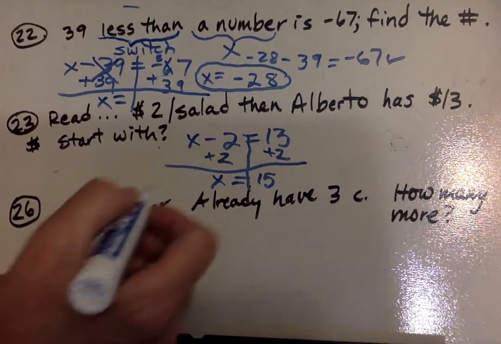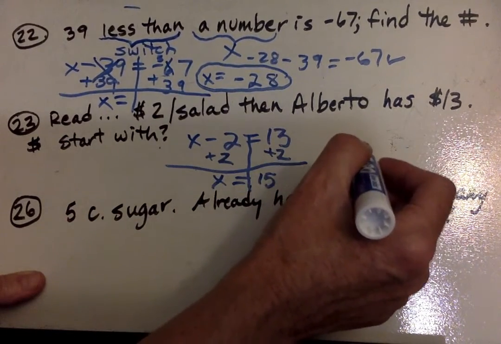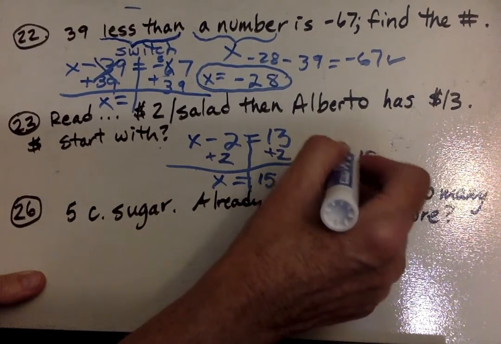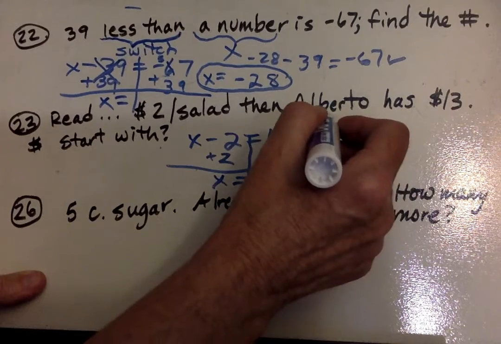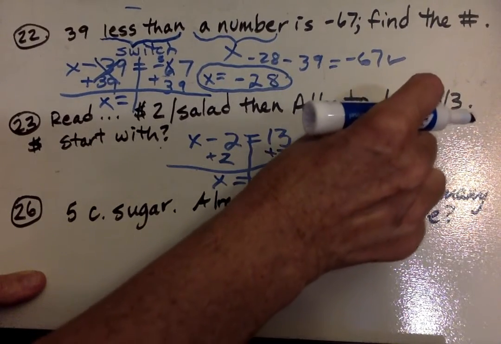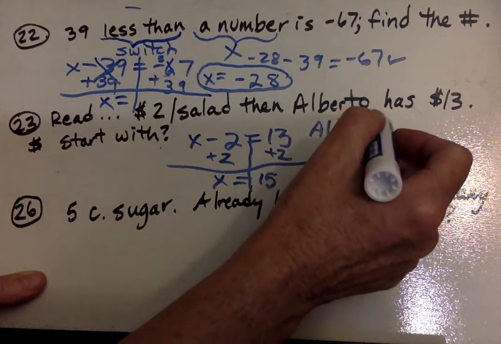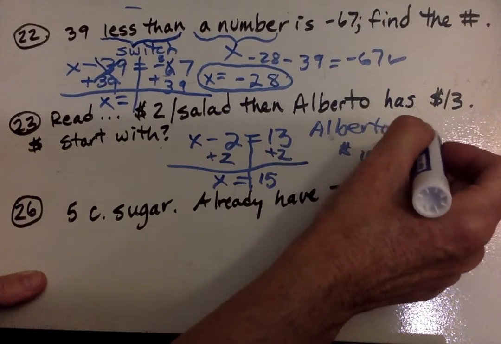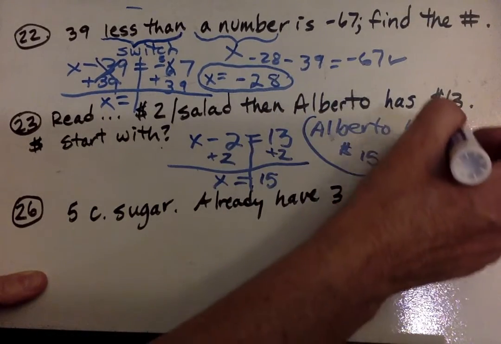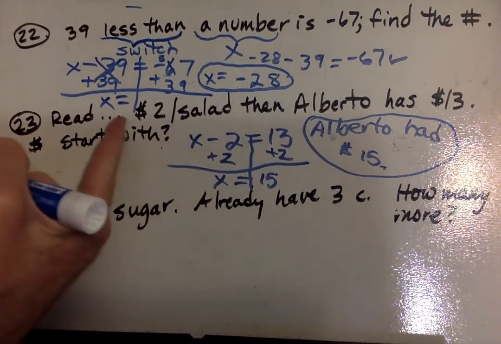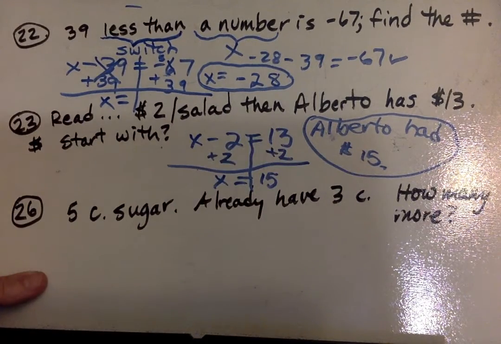So we write out Alberto had $15. So when it's a story problem, then you make sure you put it in the right units, okay?